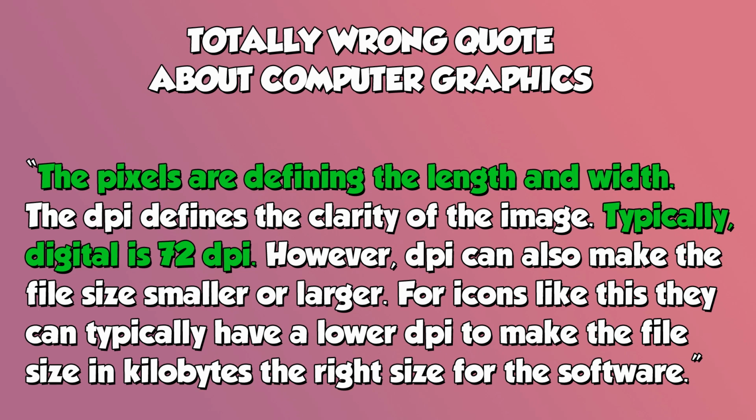The pixels are defining the length and width. The DPI defines the clarity of the image. Typically, digital is 72 DPI. However, DPI can also make the file size smaller or larger. For icons like this, they can typically have a lower DPI to make the file size in kilobytes the right size for the software.